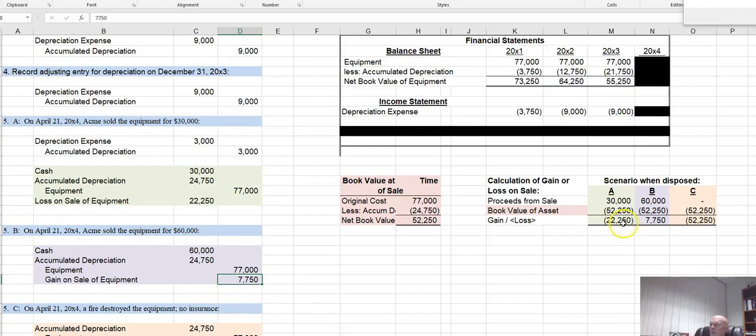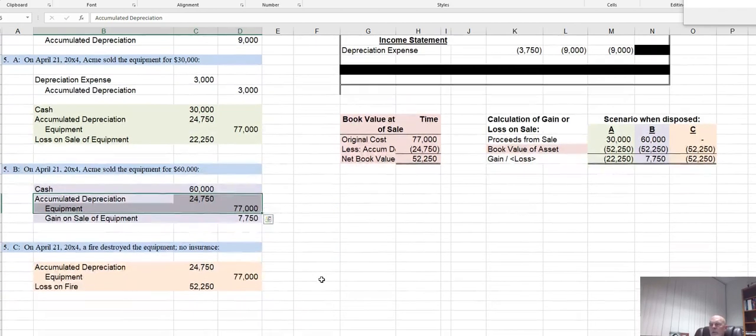That's the difference between what we sold it for and the book value, and that's what's represented in the journal entry. The debit to cash is what we sold it for, and these two accounts together represent the book value. The difference between the two is that gain in this case. Of course, the debits have to equal the credits, so that helps us too.